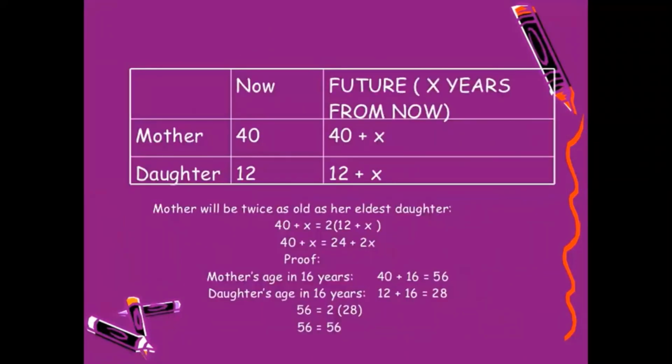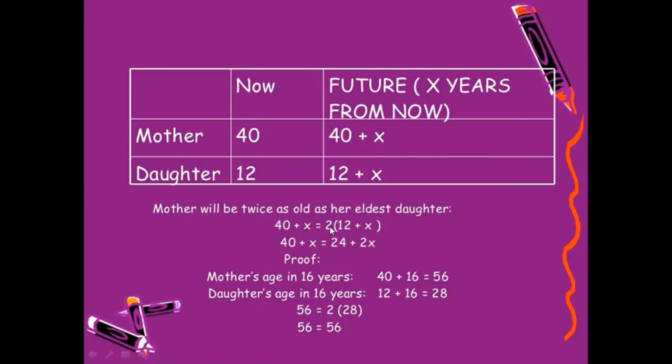So the next table is so simple. Now the ages are perfectly right. We have all this, and the future ages will be this. Now this relationship is that the mother will be twice as old as her eldest daughter. So after x years, the age of the mother will become this, and this age is twice her daughter's age after x years.